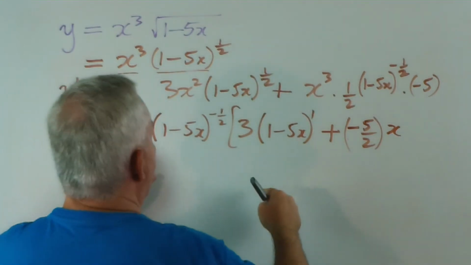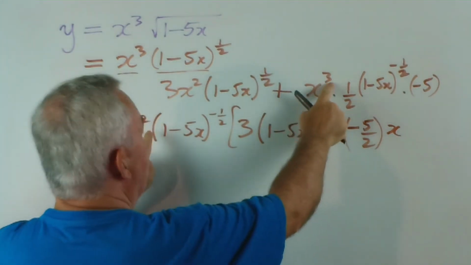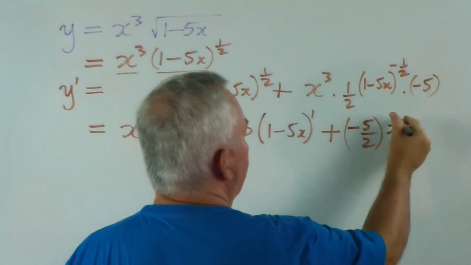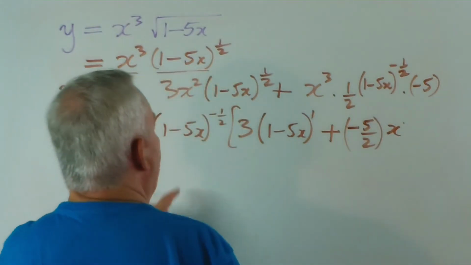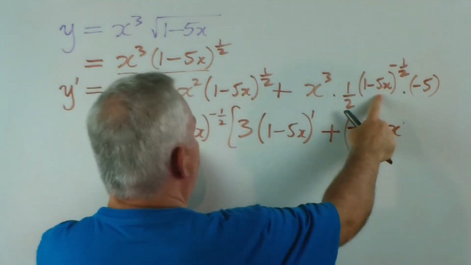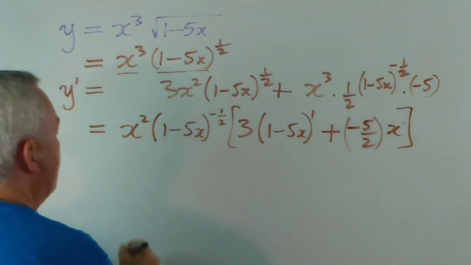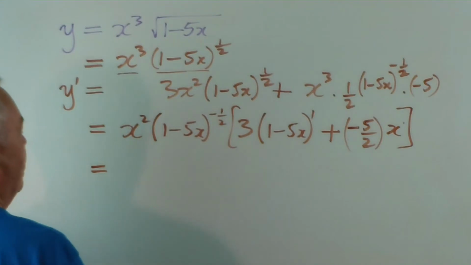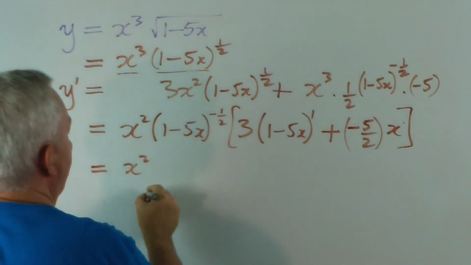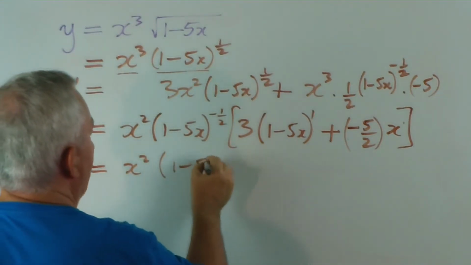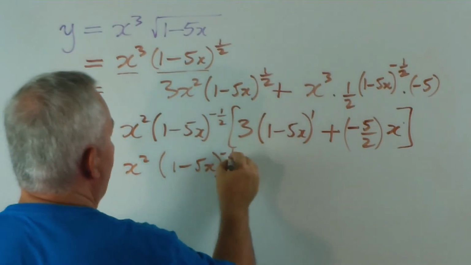Or another way is, if you're dividing this into this, you subtract the indices. 3 minus 2 is 1. And this is identical with that, so it's come out totally. That's all that's left. So what are we left with? X squared, 1 minus 5x to the negative a half.